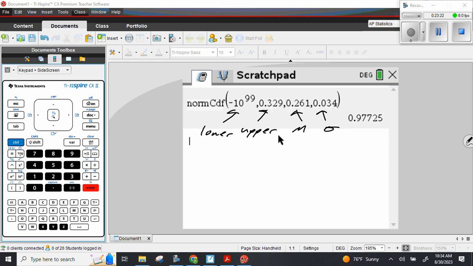Back in the day, with this calculator right here, when I had to do statistics with my TI 83 plus, that's what you had to do. You had to type in the command and know that it was in the order lower, upper, mean, standard deviation. You had to memorize a lot of calculator commands and things like that. These are nice. All right.